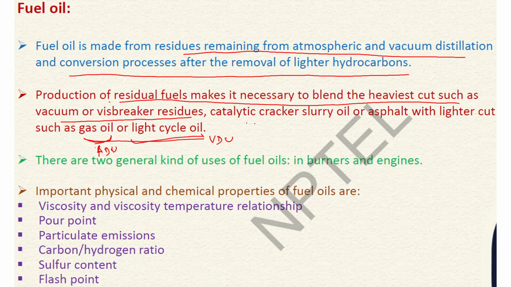So these lighter cuts are blended with this residual fuel, the heaviest cut from the vacuum distillation unit or visbreaker residue, and catalytic cracker slurry oil or asphalt. This heavier residual fuel is blended with gas oil and light cycle oil to improve its quality and used.